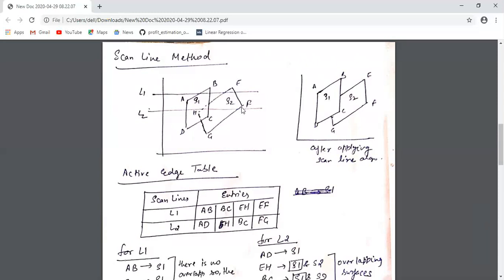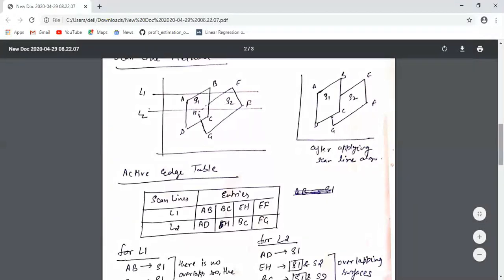L1 is passing through the edges AB, BC, EH and EF. Likewise, we put the entries for scan line L2. L2 is passing through AD, so we write AD. Then L2 is passing through EH, then BC, and then FG.